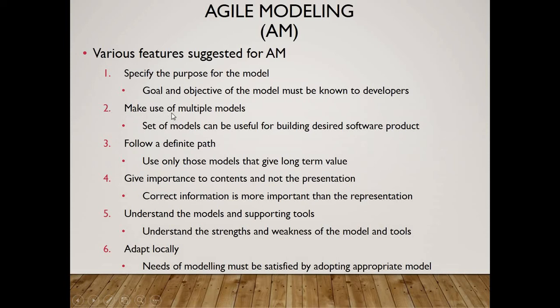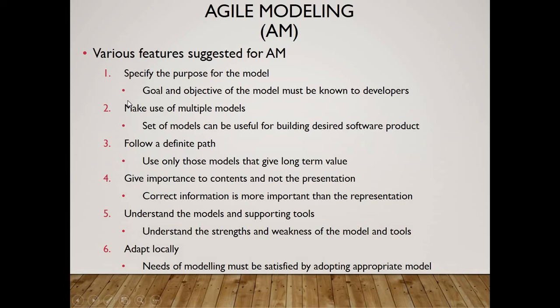The second one is to make use of multiple models. In it, a set of models can be useful for building the desired software product. Previously we also saw that we can use different models and make our hybrid model. We discussed that we can use extreme programming with ASD, or extreme programming with DSDM, so different models can be merged together.